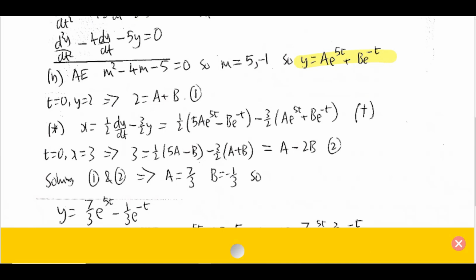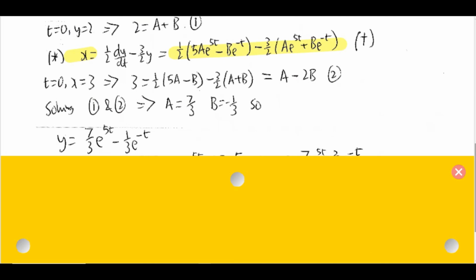So my expression for y is now 7 thirds e to the 5t minus a third e to the minus t. To write down my expression for x, we have an expression for x that we've had earlier, which is x is given by all of that. We can now sub in the values of a and b and simplify to get an expression for x.